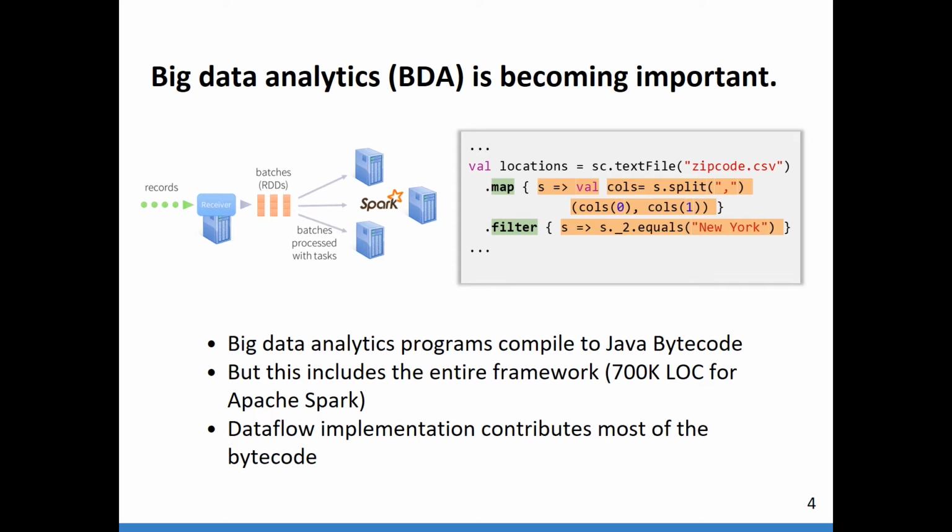Data analytics programs are comprised of a relational skeleton of data flow operators and custom logic as user-defined functions. Although these programs look small, the compiled bytecode includes the entire framework, for example, 700,000 lines of code for Apache Spark. That means data flow implementation contributes most of the bytecode. So in this case, how do we test such programs efficiently?